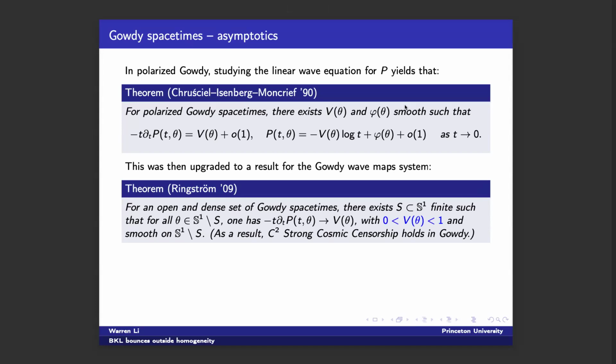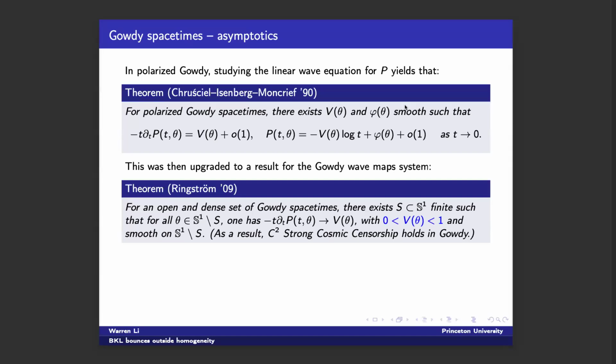This remarkable result of Ringström says that for, in some sense, generic solutions to the equations I had before, we also still have the above asymptotics. We still at least have that minus t ∂_t P converges to some number v(theta) for all values of theta, except there are a few additional things.